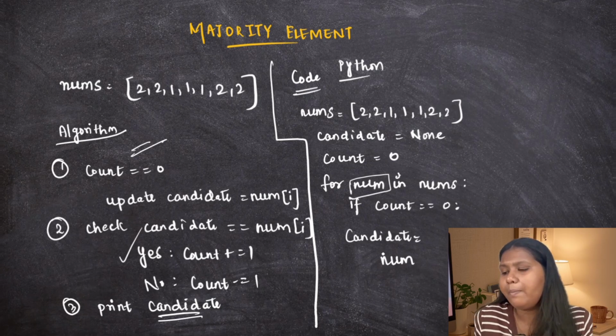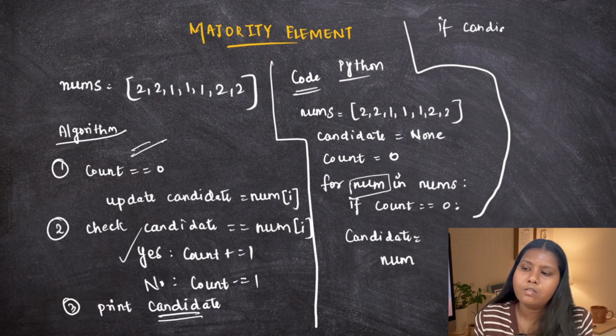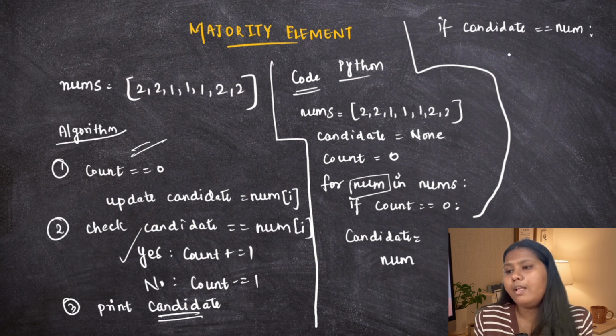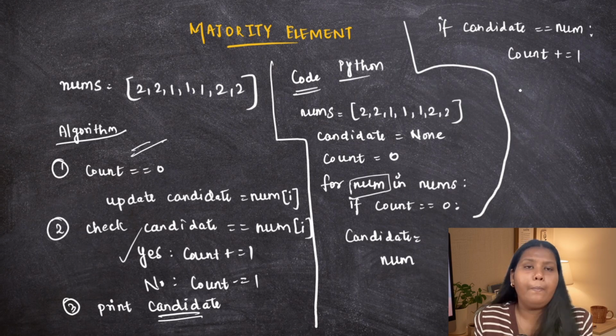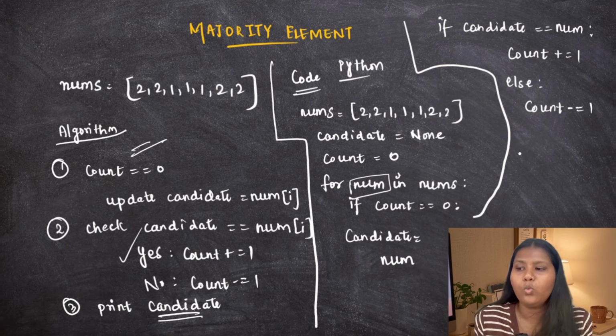Now the next step, if the candidate is equal to the current number we are traversing, then the count becomes count plus 1. Otherwise, else the count will be decremented by 1. So count minus equal to 1.